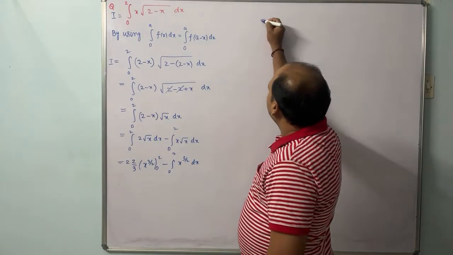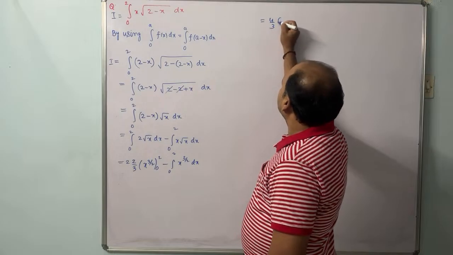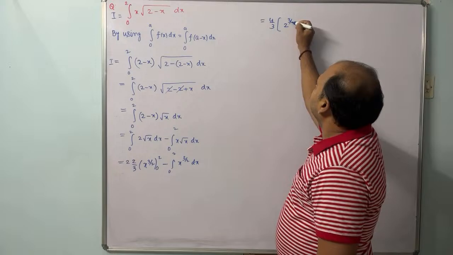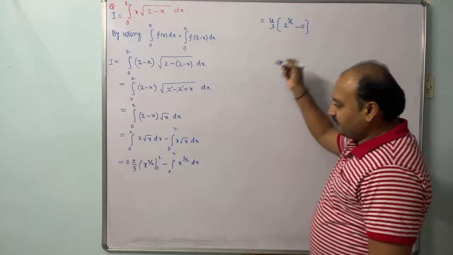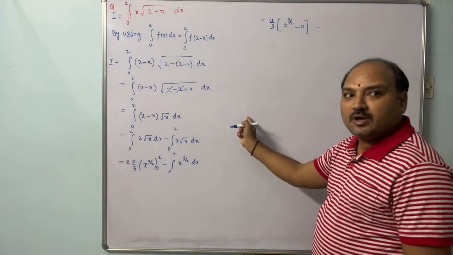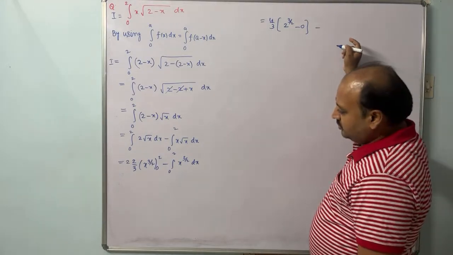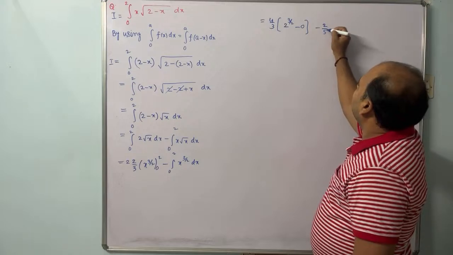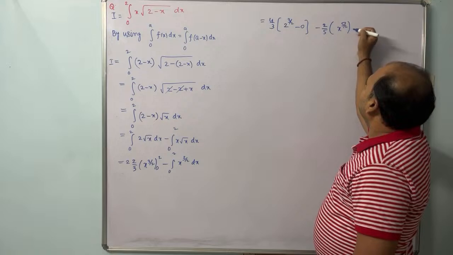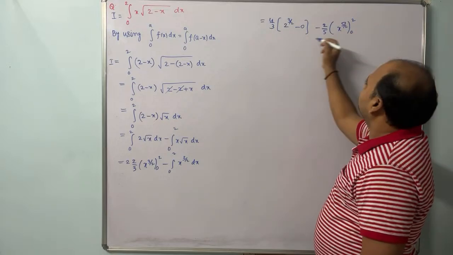So it will be equal to 4 by 3, applying the limits 0 to 2, 2 power 3 by 2 minus 0, minus x power 3 by 2 integration. 3 by 2 plus 1 is 5 by 2. Okay, so 2 by 5, x power 5 by 2, applying the limits 0 to 2.